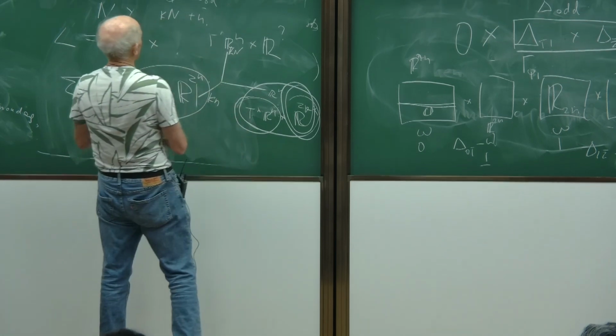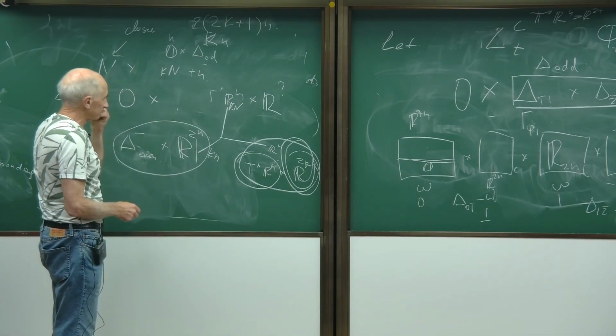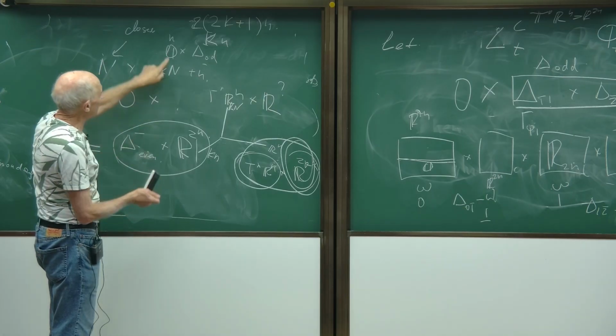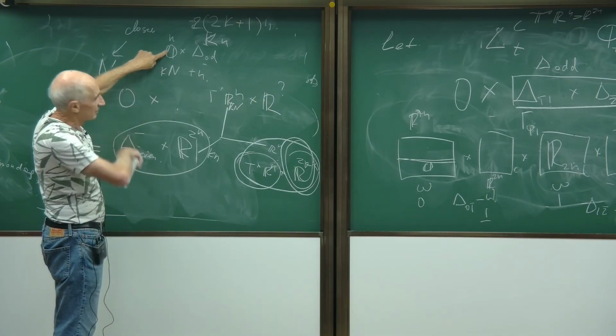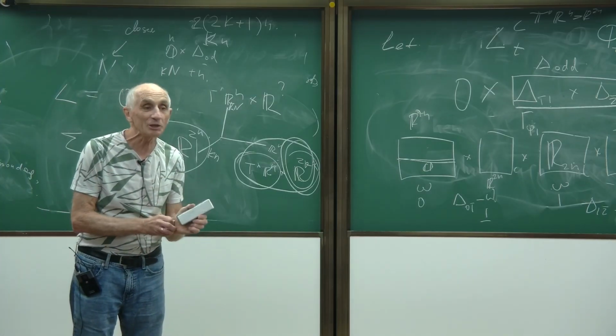Yeah, the Lagrangian. Delta odd is the product of diagonals, the straight diagonal.